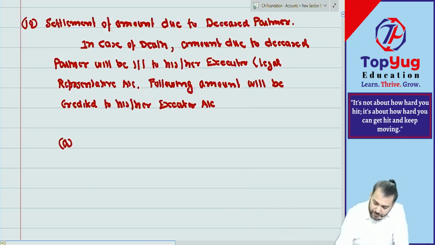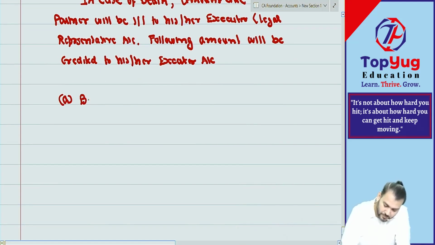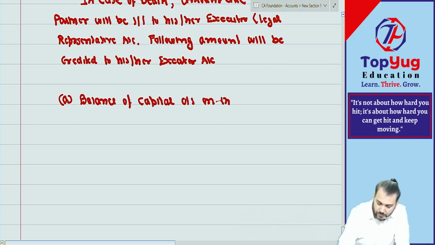Point number A. Balance of capital outstanding on the date of death.